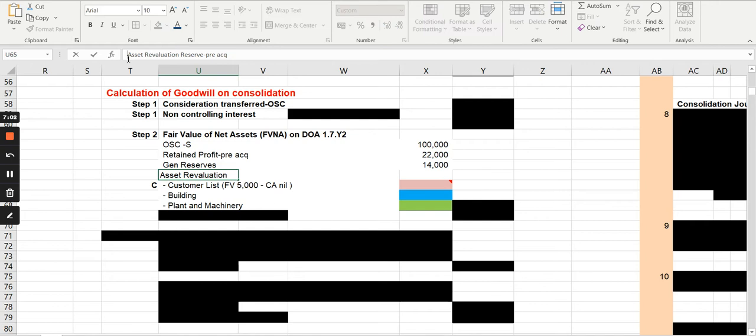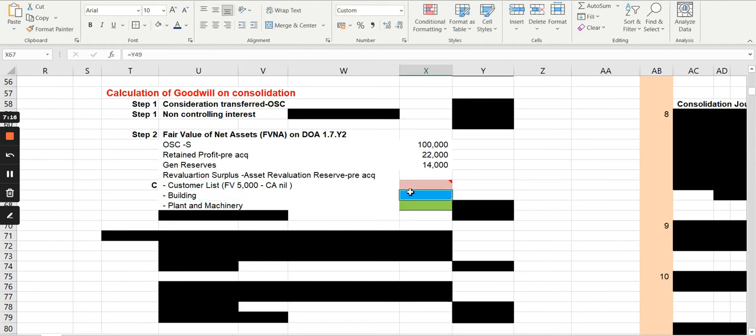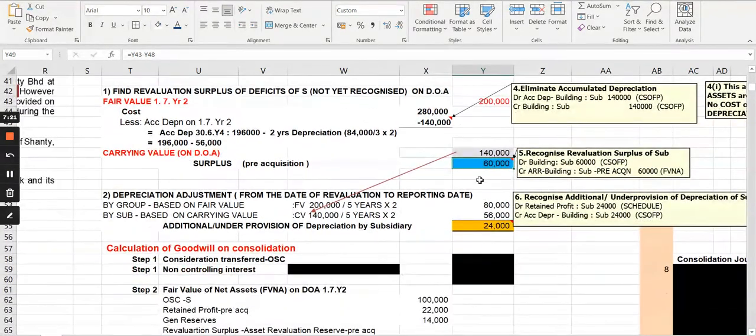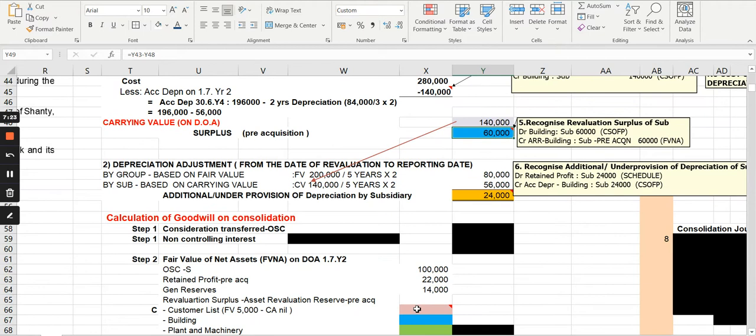We are talking about revaluation surplus. Okay. So the revaluation surplus for building, this is from here, the one that we have calculated earlier, that's 60,000 for building.